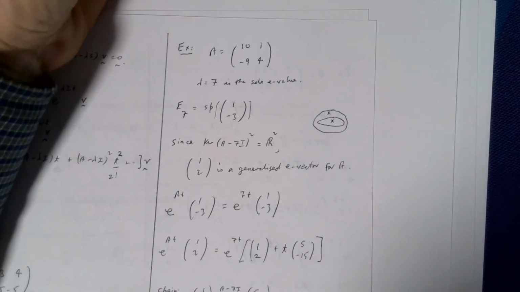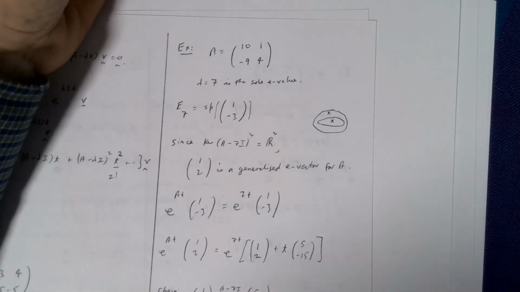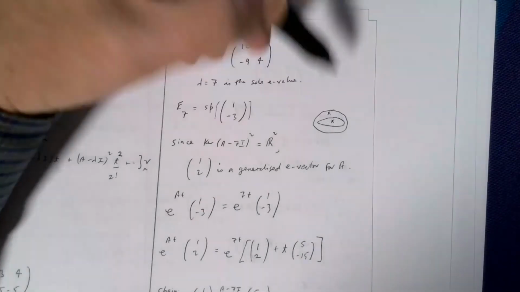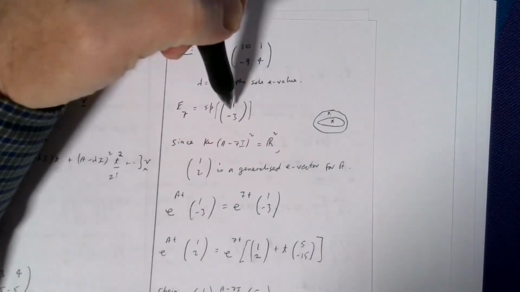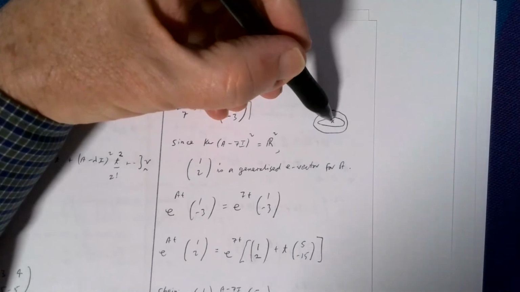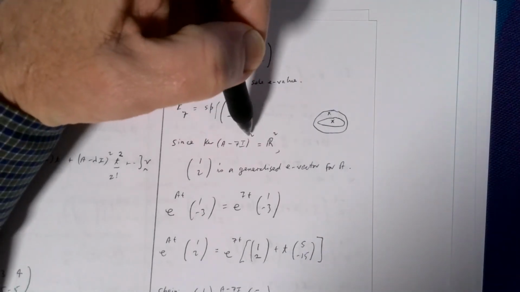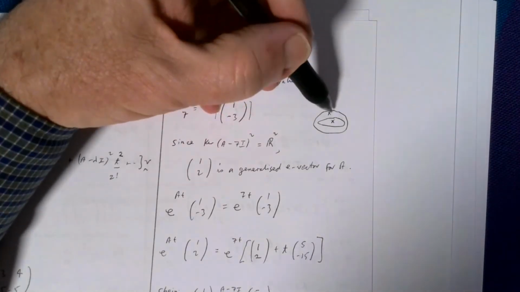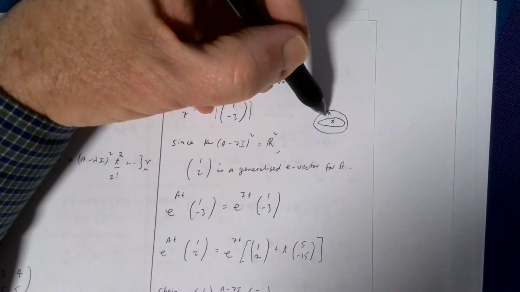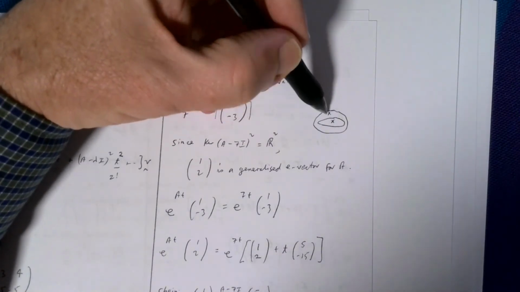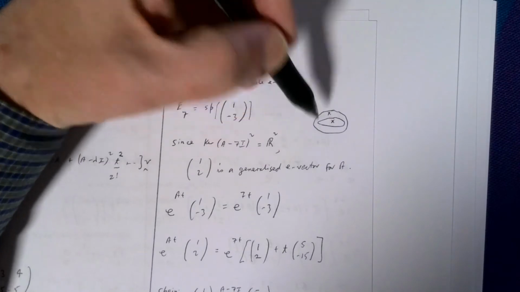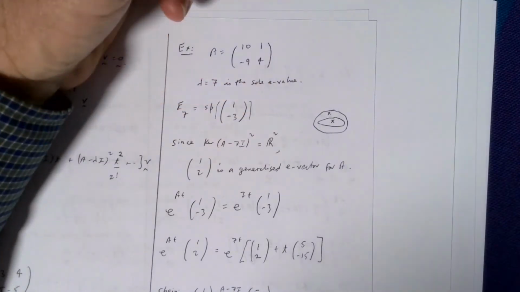Unlike most onions, this one does not bring tears to the eyes. This is a lovely little diagram. So this is my eigenvector in here. And if we take the kernel of (A minus 7I) squared, we're going to pick up another generalised eigenvector. And of course, by this stage, we've got all of R2 because we've now got two linearly independent vectors in 2 dimensions.